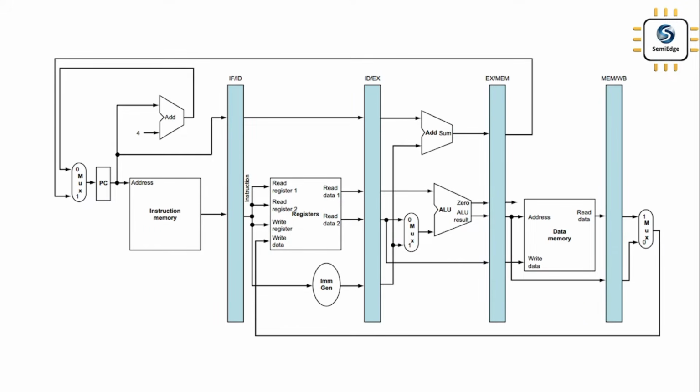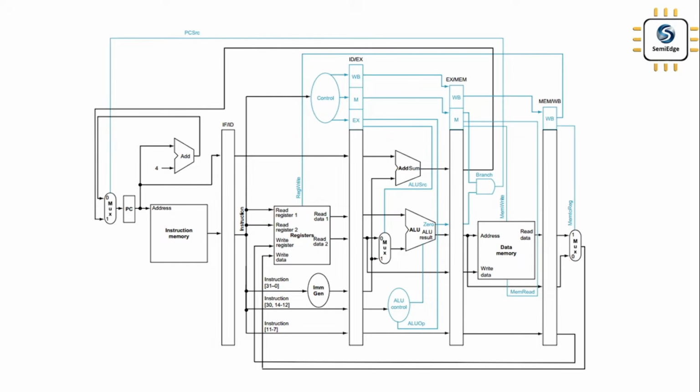We will start by adding the pipeline registers: instruction fetch, instruction decode register, instruction decode and execute, and memory access and write back register. These registers separate each stage and help us move instructions smoothly from one stage to the next stage. Here you can see all the pipeline registers with control unit.